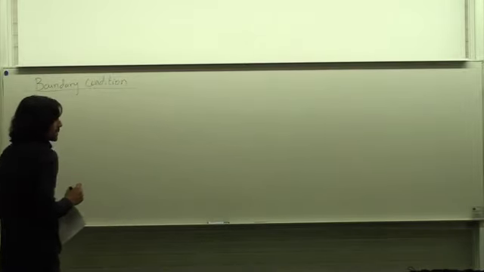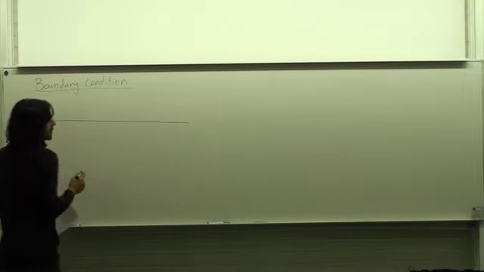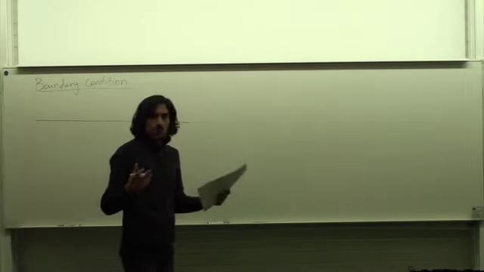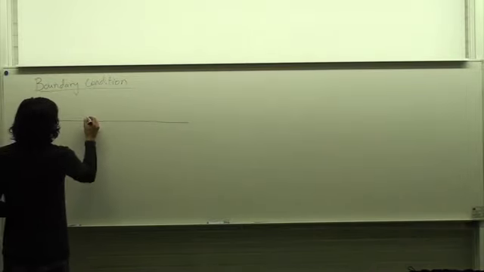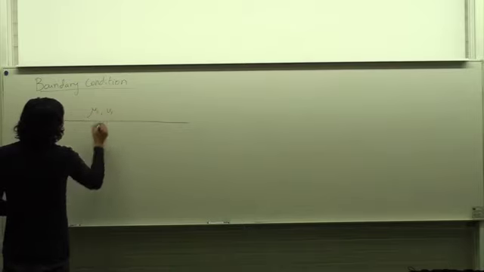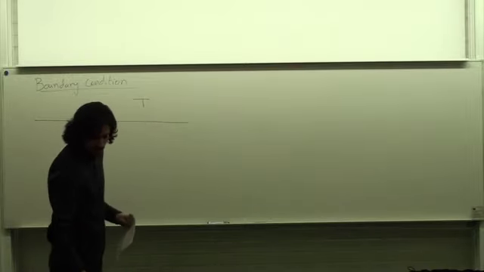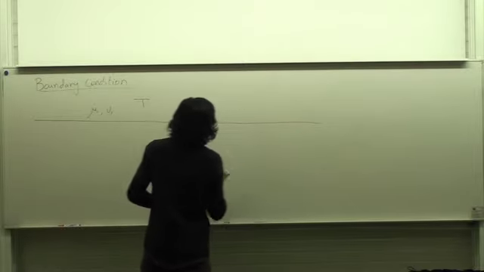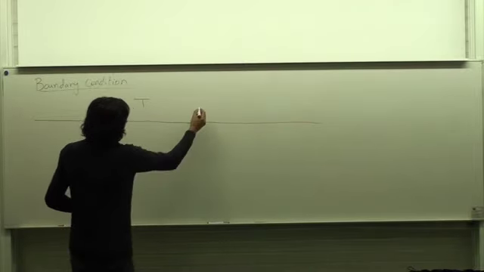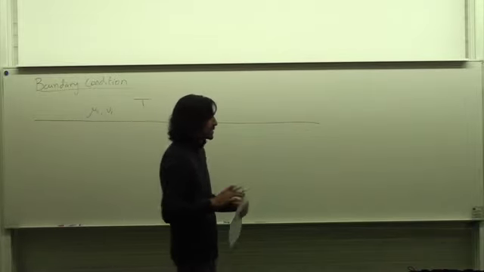Now let's take a problem of a string. But this string is made of two parts. One part has the properties mu1 and v1, so the tension is T. And the other part of the string has also tension T, otherwise we would have a problem at this point if we had different tensions.